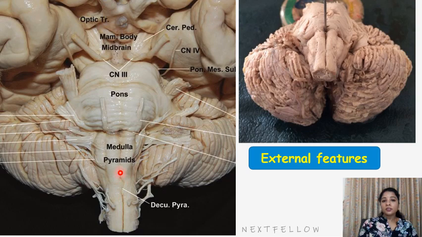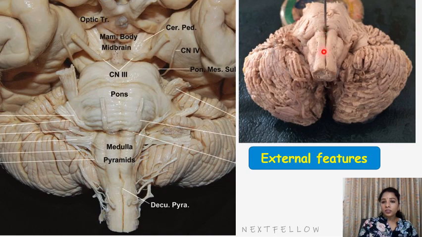So it contains autonomic centers that regulate circulation, that is the blood circulation, and respiration, and also the gastrointestinal activity. It contains the centers for swallowing, sneezing, coughing, and vomiting. And it is connected to the cerebellum. We can see here the medulla is connected to the cerebellum on each side via the inferior cerebellar peduncles.